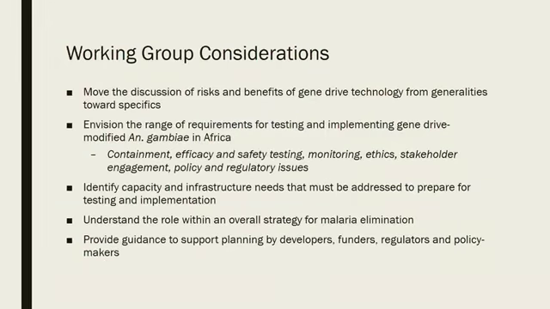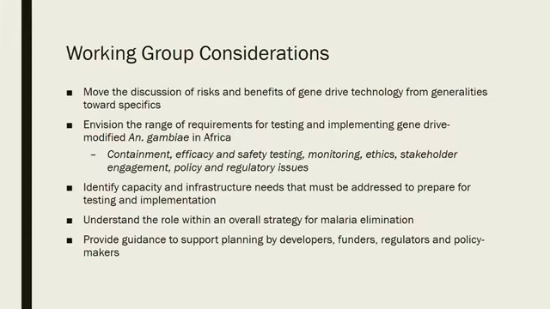So the working group took into consideration what we felt was a very important need to move beyond the discussion of risks and benefits in a very general way and talk about the specific risks and benefits of a particular application of gene drive technology.